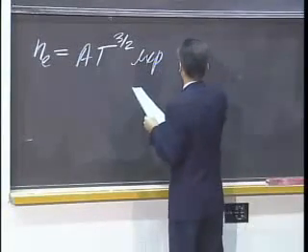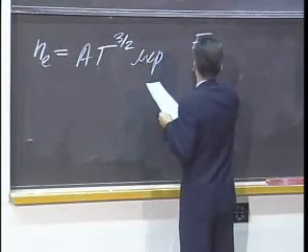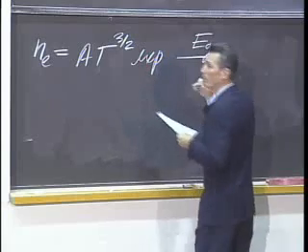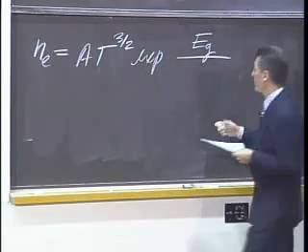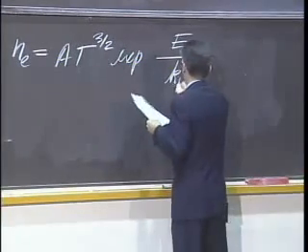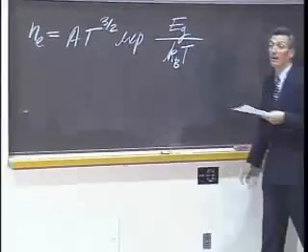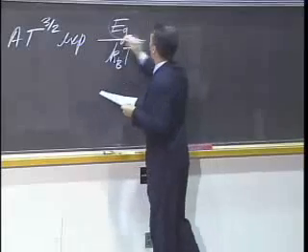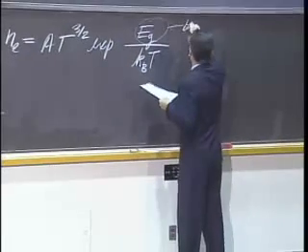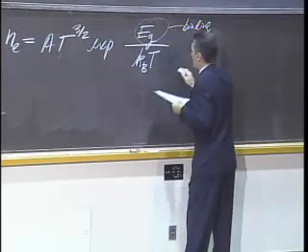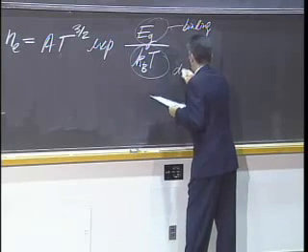We put the band gap energy in the numerator and some measure of thermal energy in the denominator. And the way we characterize thermal energy is the product of the Boltzmann constant and absolute temperature. So this is a measure of the binding energy, and this is a measure of the disruptive energy.